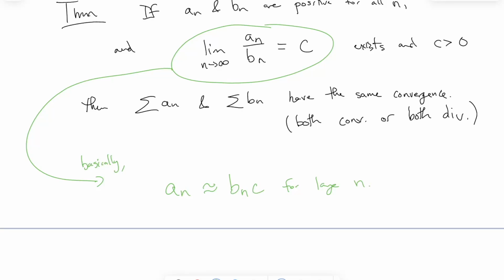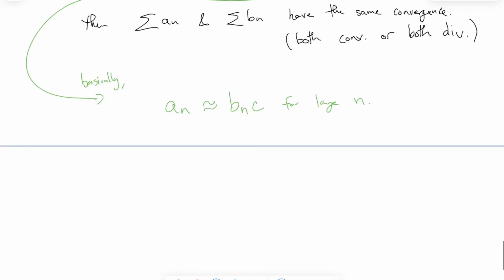And what that means is, this is all slightly informal, but the series of a_n will be approximately the same as the series of c b_n, which is c times the series of b_n. And so the only difference between the two series is multiplication by this constant. So if one of them converges, the other one also converges. And if one of them diverges, the other one also diverges. Like if this one is infinity and the constant is, say, 2, then this one is like 2 times infinity, which is still infinity. That's the idea here.